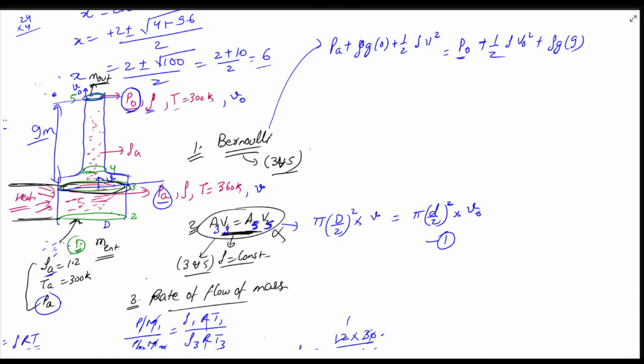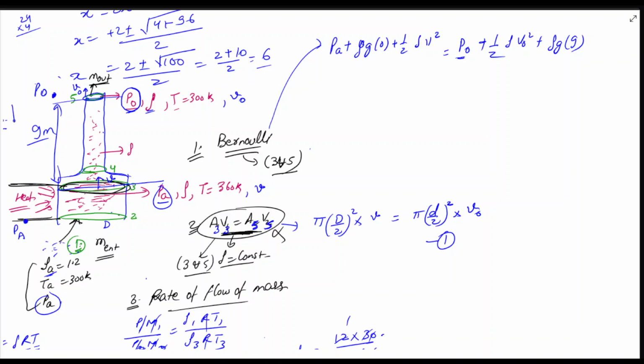Now this P naught pressure is at here, and at this point the pressure is PA. Okay, so this was rho density, it was written mistakenly.